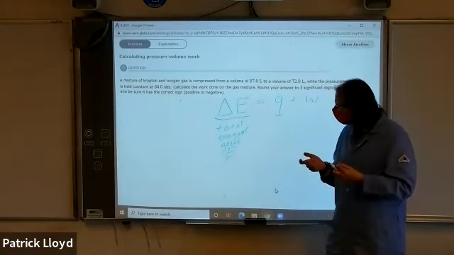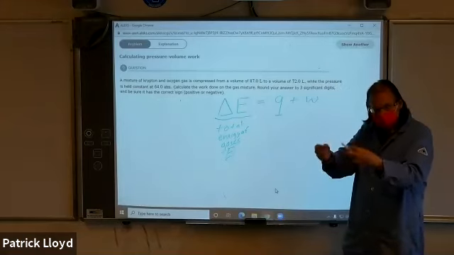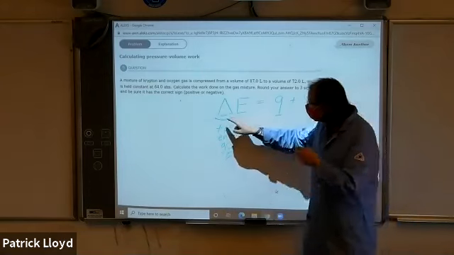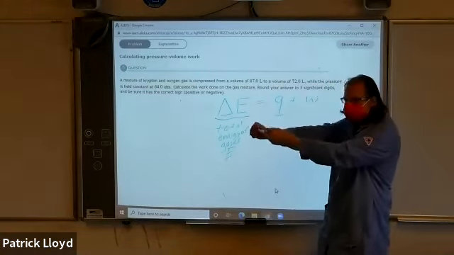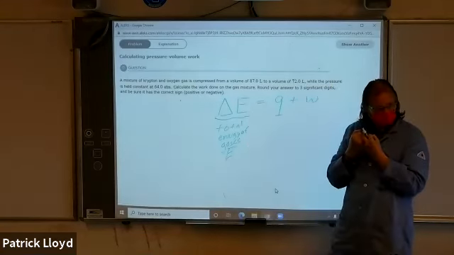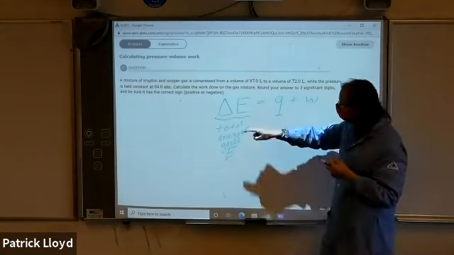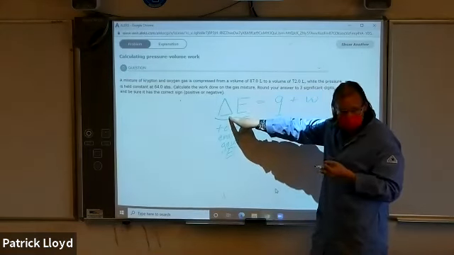Now, gases are in motion, moving around, bouncing around, so they have energy. But this is saying, imagine they have energy, and then you give them some energy. They have more energy. Or you take some energy out, now they have less energy. This delta E is telling you how much they're gaining or losing.